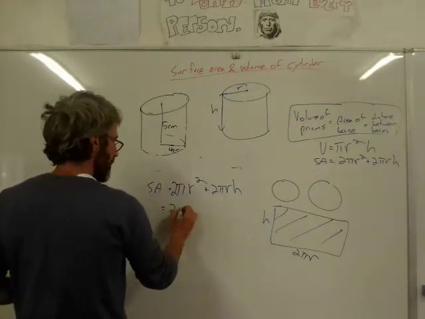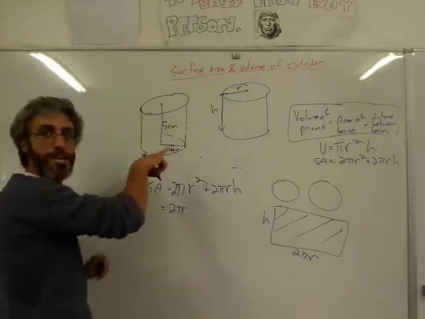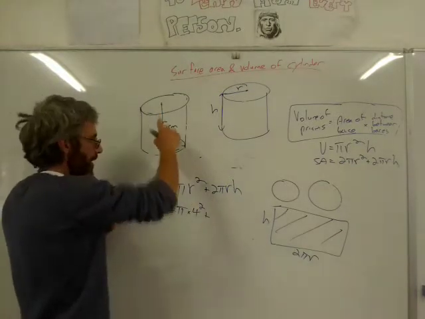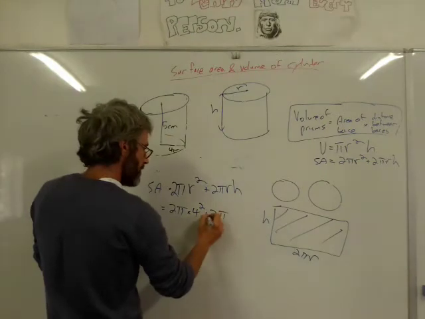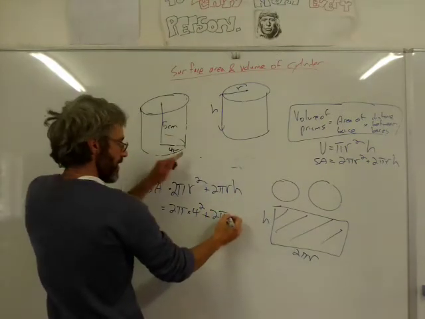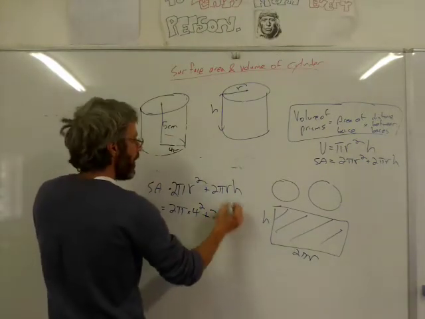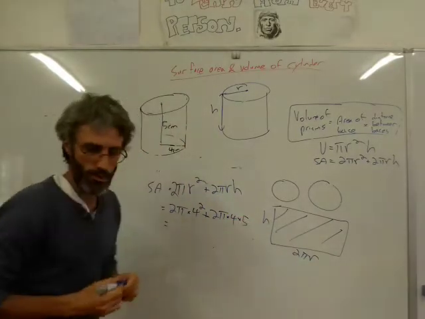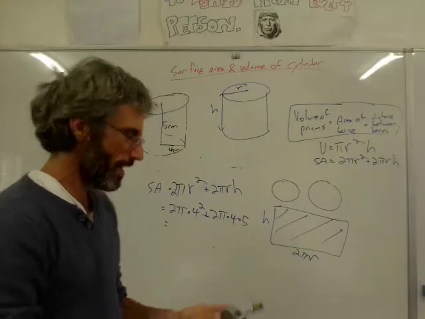I'm going to put 2 pi times the radius squared. What's the radius? It's 4. And 4 squared. Plus 2 pi r, which again is 4, and the height is 5. I wouldn't mess around with that, I'll just put that straight into the calculator.